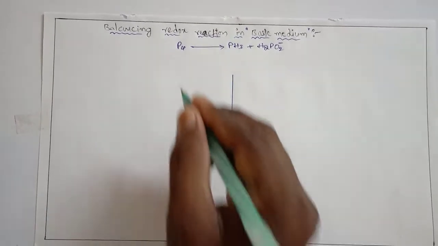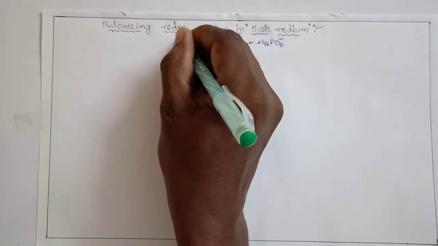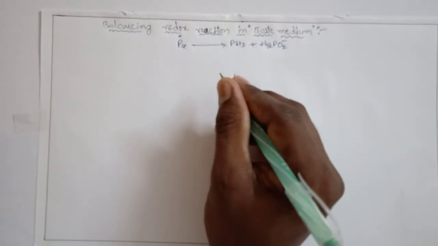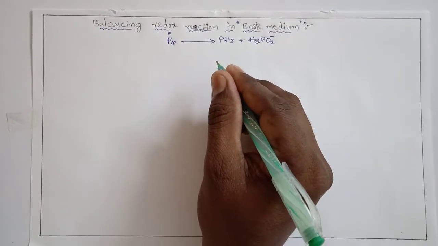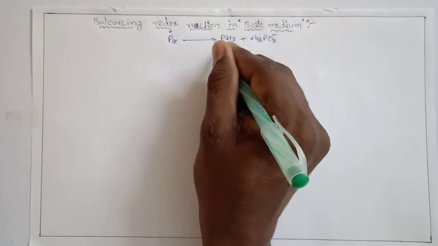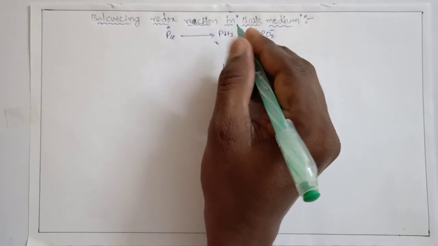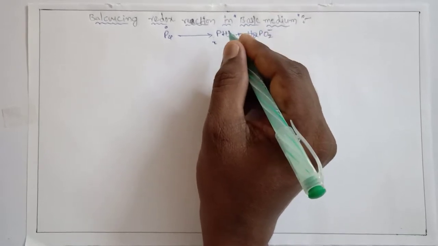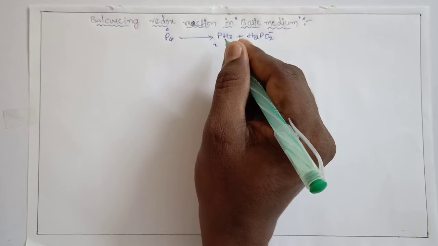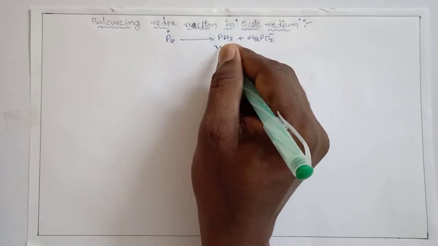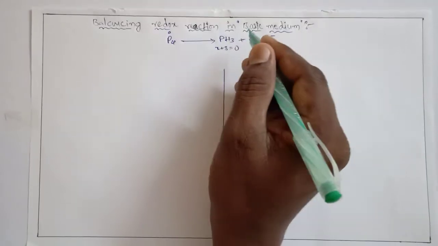Here the oxidation number of phosphorus in P4 is 0, because only the same element is present. In PH3, if the oxidation number of phosphorus is X, hydrogen charge is +1, 3 hydrogens, so X + 3 equals 0.